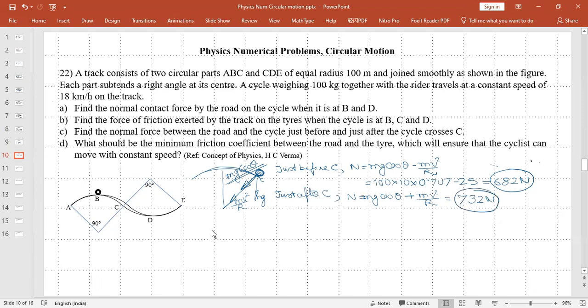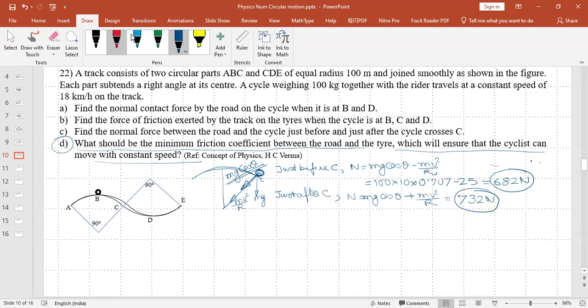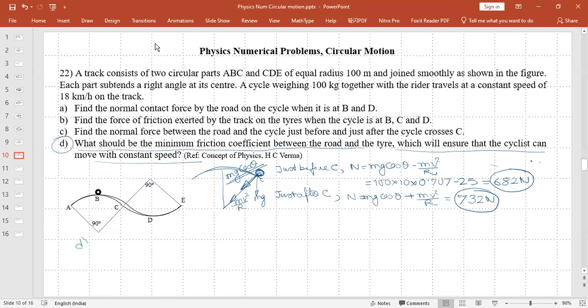Now let's go to the fourth question here. What should be the minimum friction coefficient which will ensure the cyclist can move with a constant speed? This is question D. Now, where is the normal force minimum?